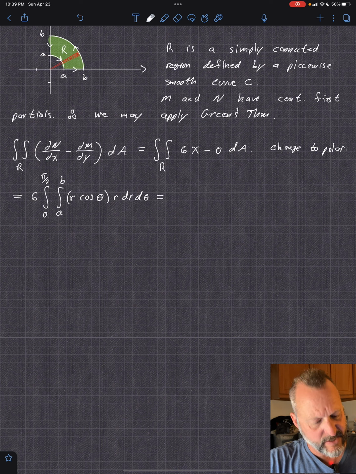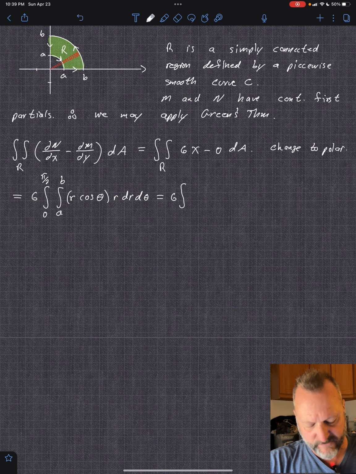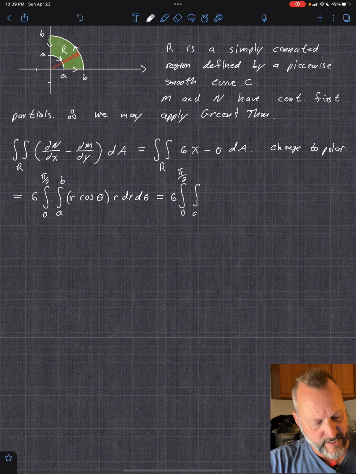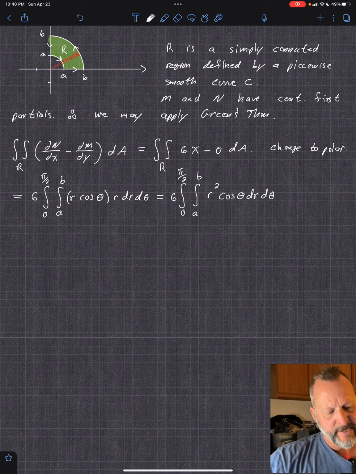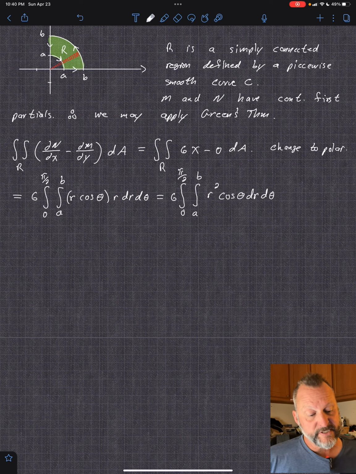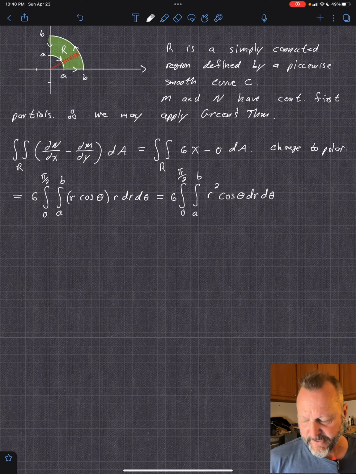Okay. Equal to 6 times the integral from 0 to pi halves, integral a to b, and that's r squared cosine theta dr d theta. And it doesn't matter the order in this case because they're independent.